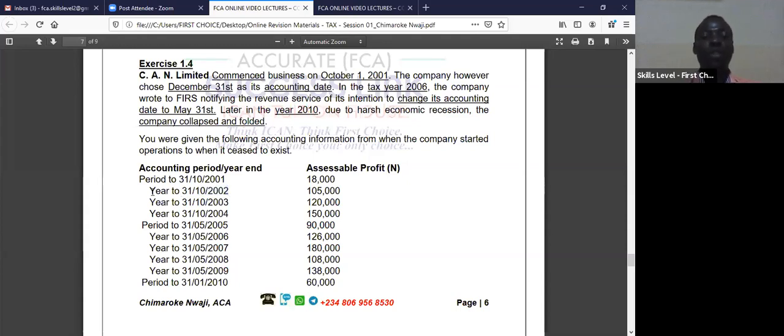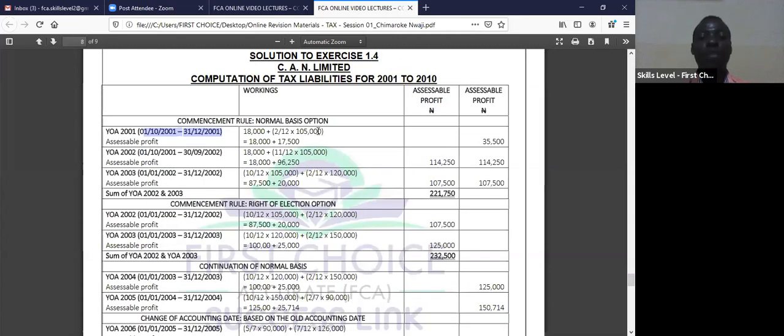So there is November and December here. So we are taking 2 over 12 times 105. This 2 over 12 times 105 will give you 17,500. If you add it with 18,000, you are getting 35,500. I have put it at the last place because there is no contention. 35,500 is what you pay for your first year tax.